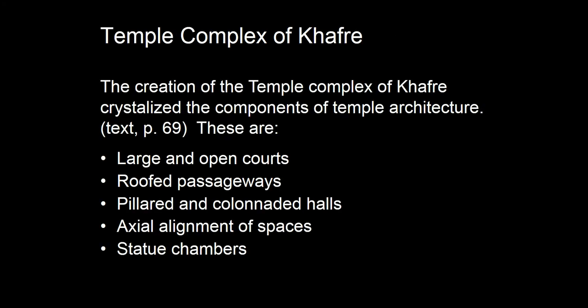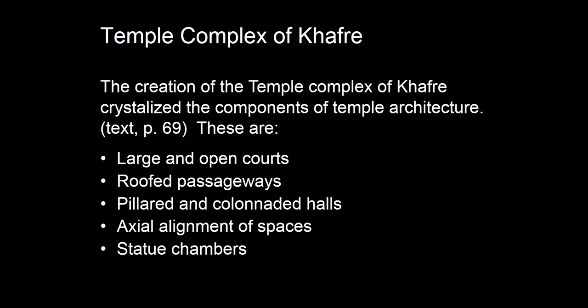So the pyramids were one of the key things that we associate with the Egyptians. Okay? A second thing that we associate with the Egyptians is this idea of a temple. Okay? And part of the pyramids and the causeway that led down to the temple, you would see that the causeway led to this temple complex that had these key characteristics.